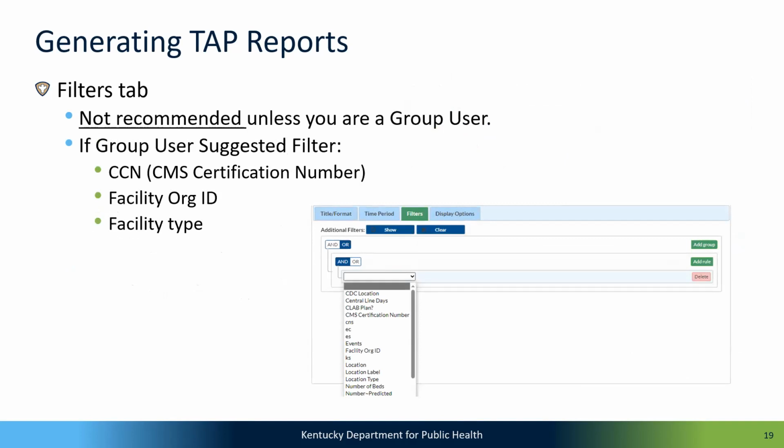The next tab that we have over is for filters. As mentioned, this is really not recommended unless you're a group user and you have multiple facilities within your group. Suggested filters that would be recommended for group users are by filtering such as your CMS certification number, the facility org ID, or the facility type.